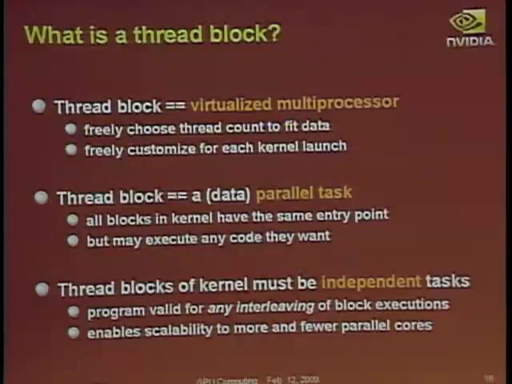Here we're trying to use threads as a very fine-grained, plentiful concept. So you can think of a thread block as being an independent parallel task, in the sense that because each thread block runs on an independent physical processor, it's free really to go do its own code.